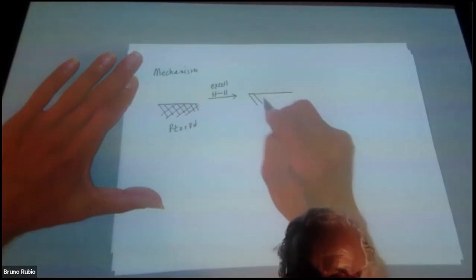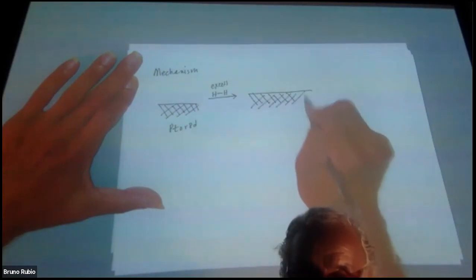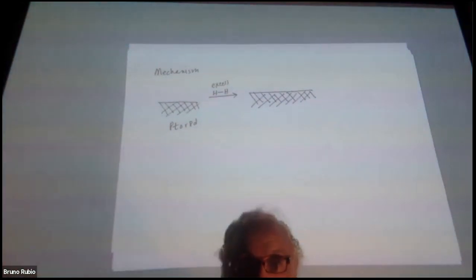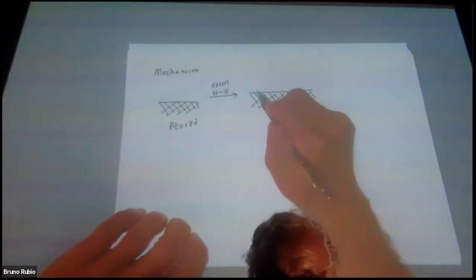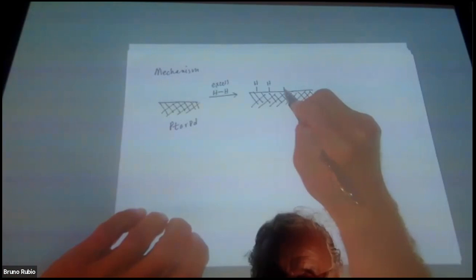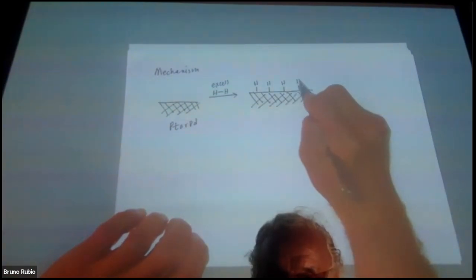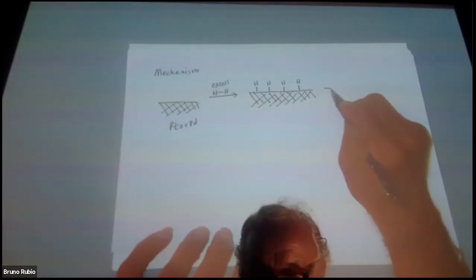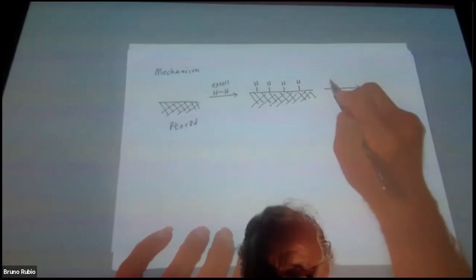And the hydrogen undergoes a reaction called dissociative adsorption, where the hydrogen bond breaks, and now the hydrogen is attracted to the metal surface. So this hydrogen bond breaks, and now we have a bunch of hydrogen stuck to the surface of the catalyst. Okay, so now the alkyne comes along.